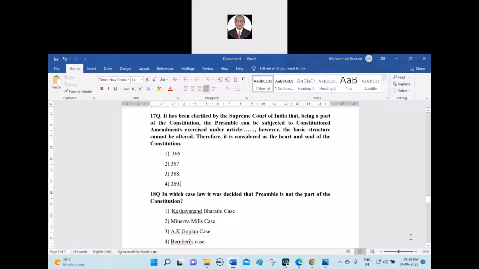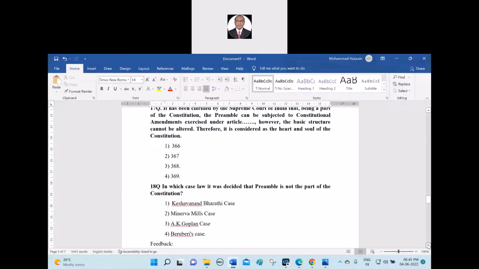There it is said that it is a part of the Constitution, it can be amended, but the basic structure should not be changed. So they may ask a supplementary question: which case law brought the basic structure theory? You can say it is the Kesavananda Bharati case, where it came that the basic structure should not be changed. You can amend everything, but not the basic structure.